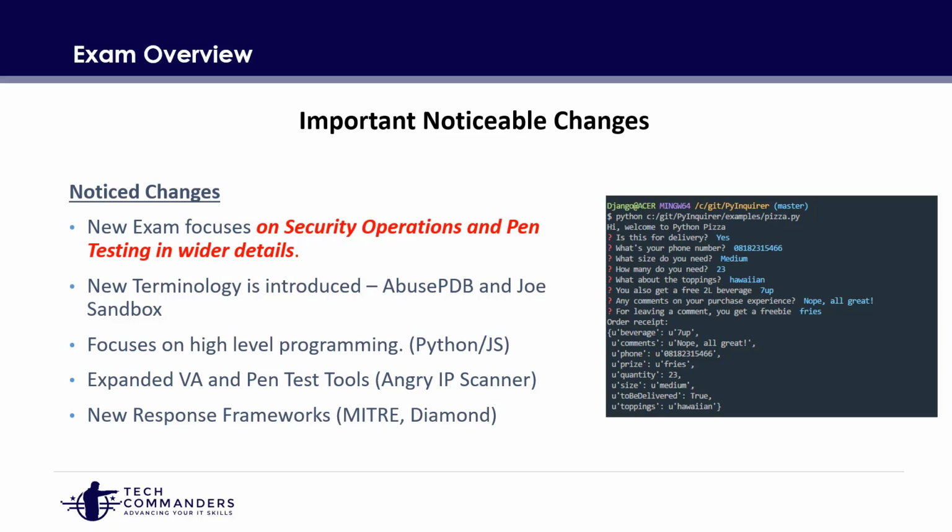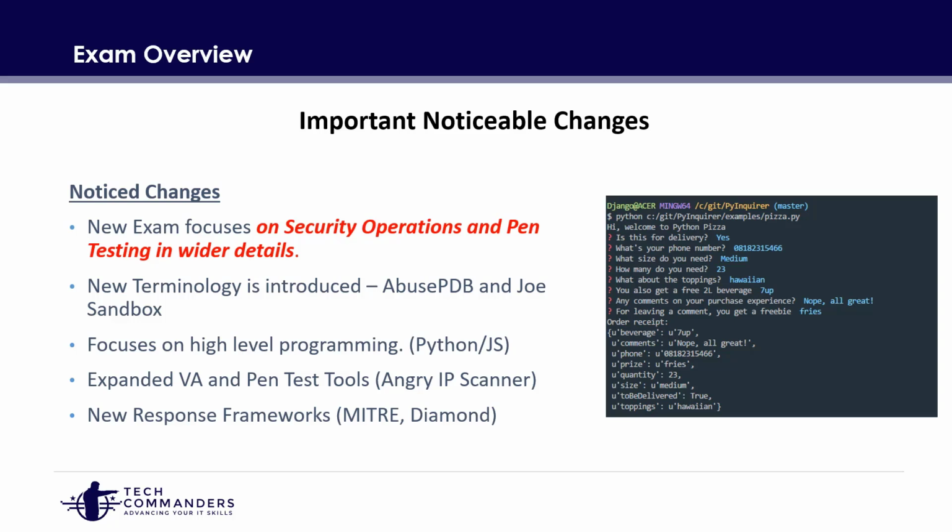Now, when it comes to programming, okay, this is probably the biggest change, I think. The reason is on the previous exam, the 002, which is the current version actually now, at the time of writing, and it may or may not be, of course, when you review this course, but be aware that there is going to be a requirement for you to look at programs or scripts, basically a small snapshot of a script, and determine, is it Python, is it JavaScript, but also determine as well, has it been terminated?